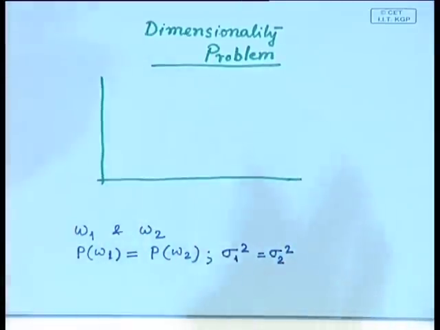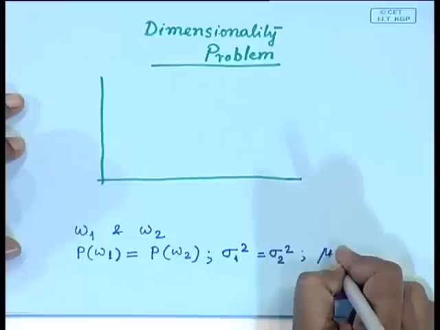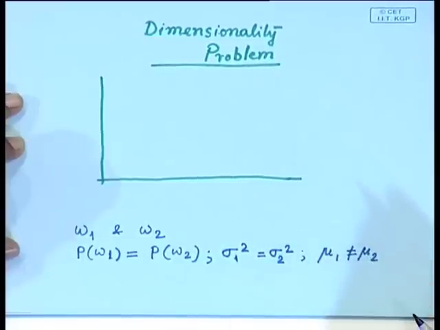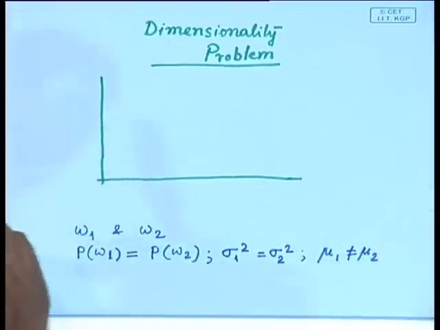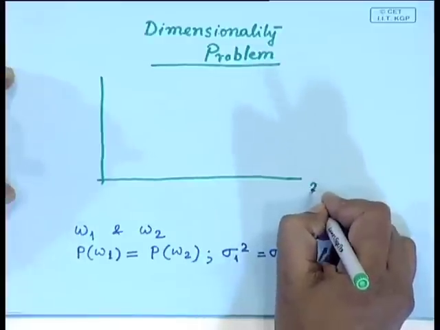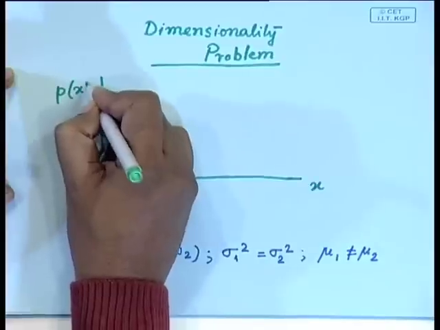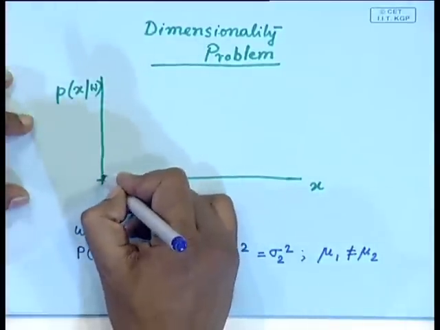That means both probability density functions have the same size and same shape, but the means are different, that is, mu 1 is not equal to mu 2. Obviously, if mu 1 and mu 2 were also the same, I would have the same probability density functions, and they would not be different. Given this, let me plot p of x given omega 1 and p of x given omega 2. Suppose the probability density functions are something like this.